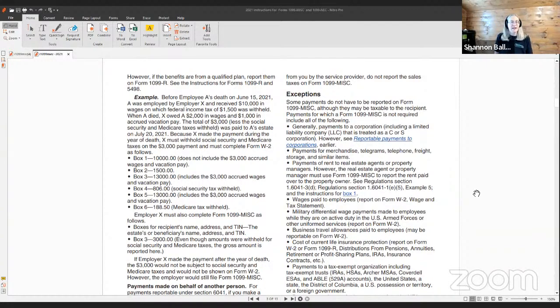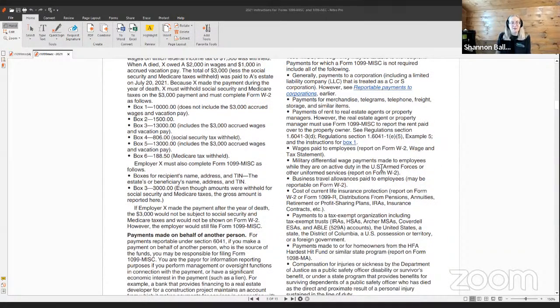Box 4, $806, which is the Social Security tax withheld on $13,000. Box 5, like Box 3, is $13,000, which includes the $3,000 of accrued wages and vacation pay paid after death and the $10,000 paid before death. Box 6, $188.50, which is the Medicare tax withheld.